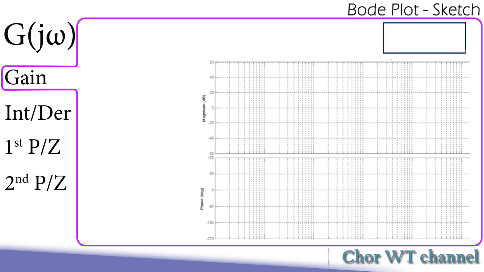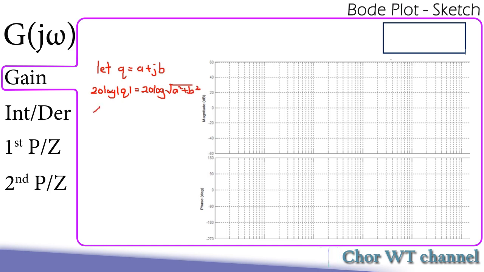Let's move to the first one, a simple gain k. But before we do this, we need to make sure a few terms are correct. If we let the complex term q equal a plus jb, where a is the real part and b is the complex part, to find the magnitude we use 20 log the magnitude of q, which is equivalent to 20 log square root of a squared plus b squared.